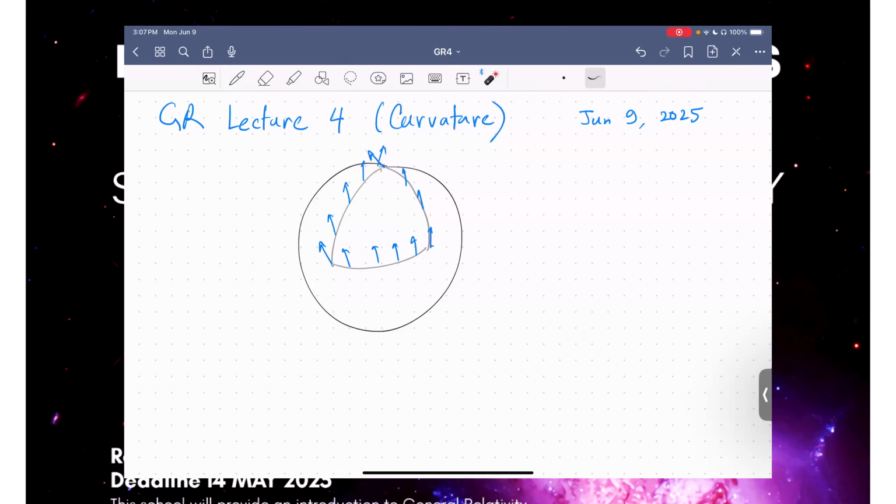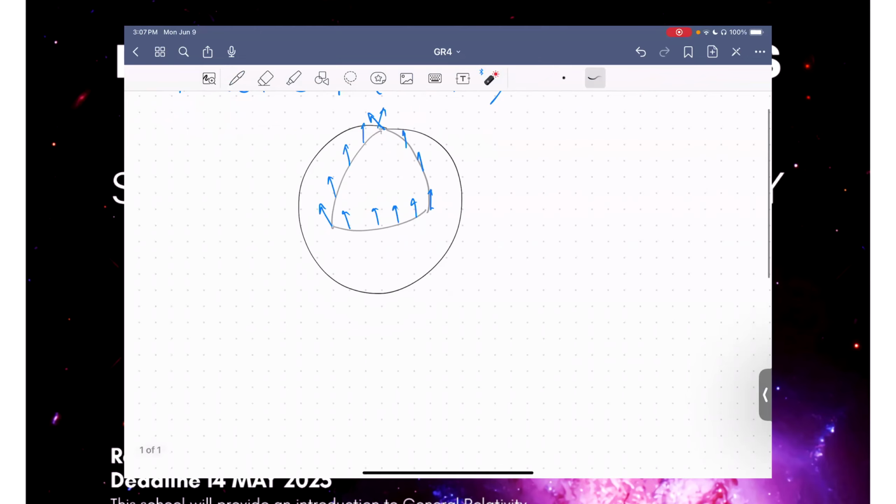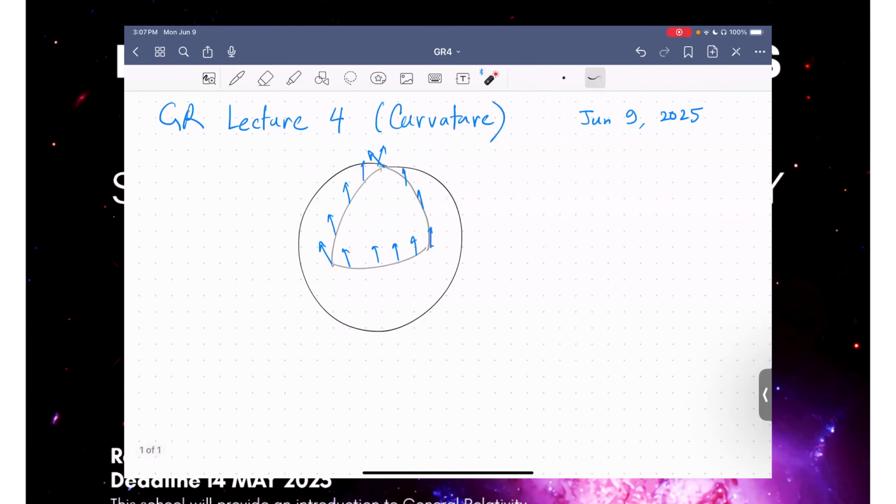And we introduced the covariant derivative as a way to define the parallel transport. So today we are going to put these machineries in practice, and we are actually going to concretely define and compute curvature for an arbitrary manifold given a metric.